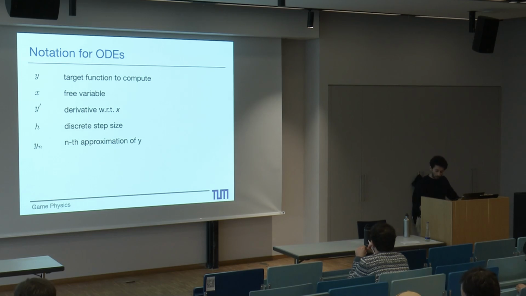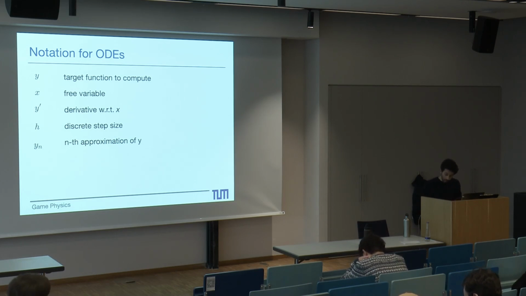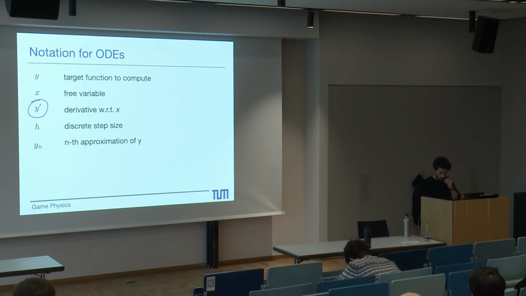First off, we have the target function that we want to compute. x is again the free variable. y prime, in general, describes a derivative with respect to x, and for a higher order, even though we will not really see that, it is going to be y^(n) with the parentheses. h is going to be the discrete step size in the free variable.